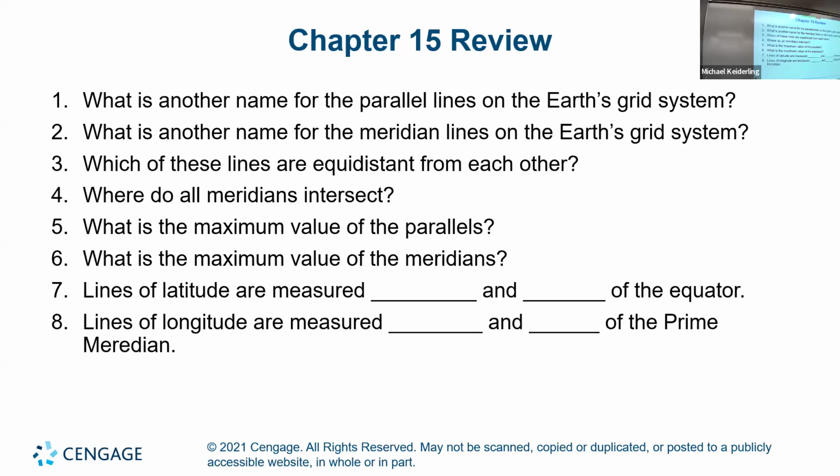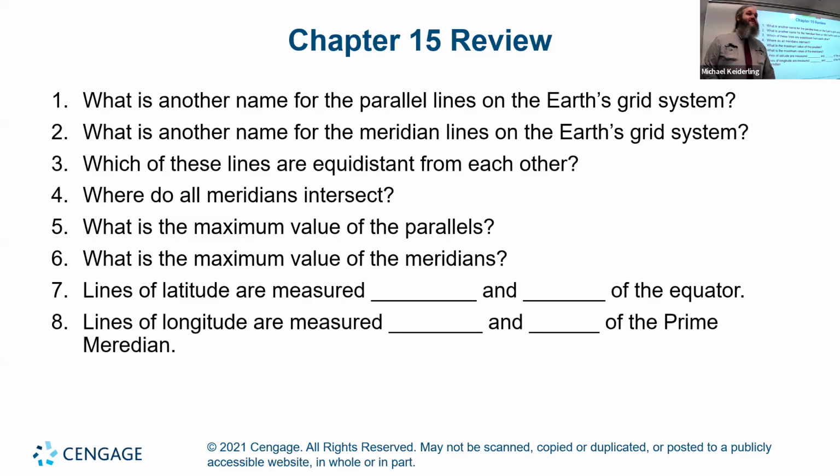That is the end of chapter 15. So another name for the parallel lines on the Earth's grid system is lines of latitude, like a ladder. Another name for the meridian lines of the Earth's grid system is lines of longitude. They go along as you travel along. Of these lines, the ones that are equidistant from each other are the parallels, the lines of latitude.